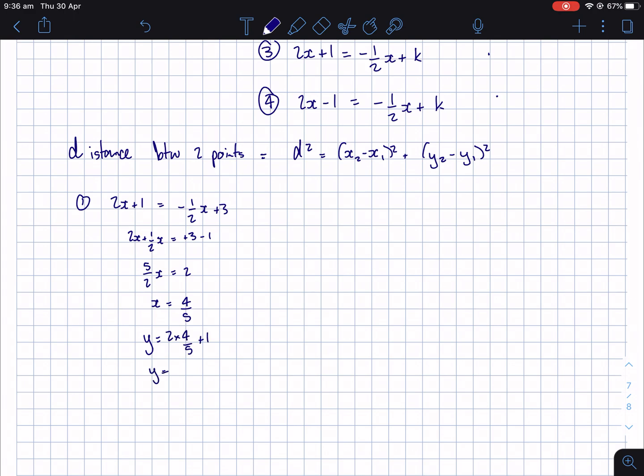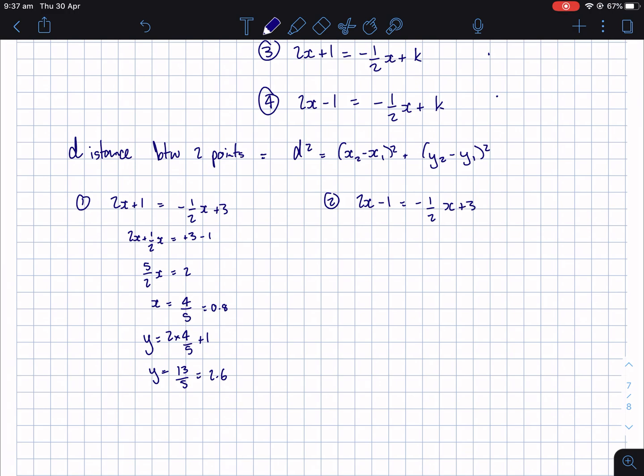So y equals 8 on 5 plus 1, so that's 13 on 5, which is 2.6. Let me actually do this in the calculator. 2 times 4/5 plus 1, 2.6.